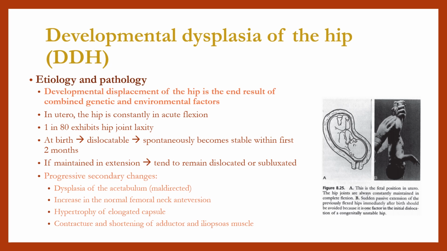Secondary changes occur, such as dysplasia of the acetabulum, increase in the normal femoral neck anteversion, hypertrophy of the elongated capsule, and contracture and shortening of the adductor and iliopsoas muscles.